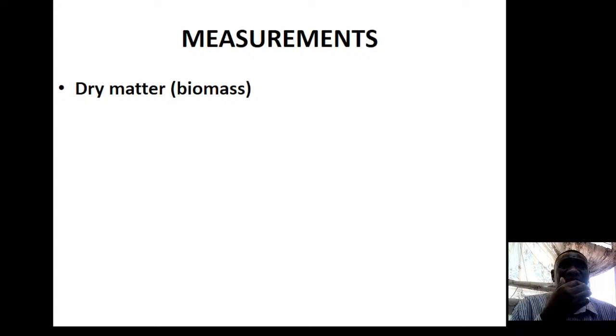Now, with the measurements, we are just interested in dry matter. And how are we going to use dry matter? Probably I will need to explain this again in stages so that you'll be able to understand it.